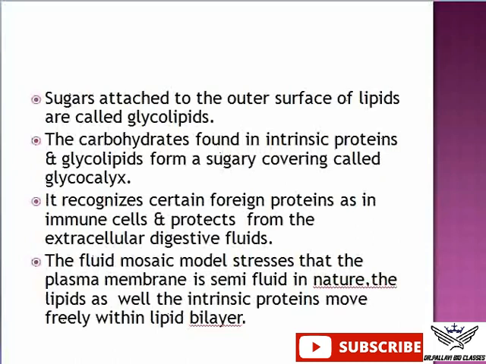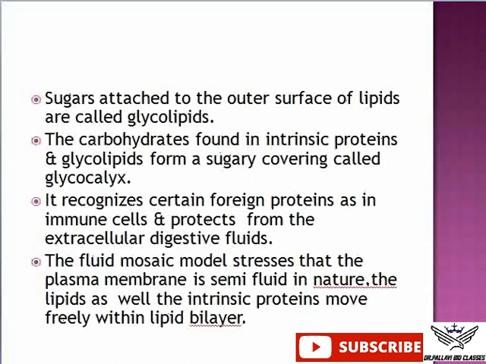Next, the fluid mosaic model stresses that the plasma membrane is semi-fluid in nature. The lipids as well as the intrinsic proteins move freely within the lipid bilayer.